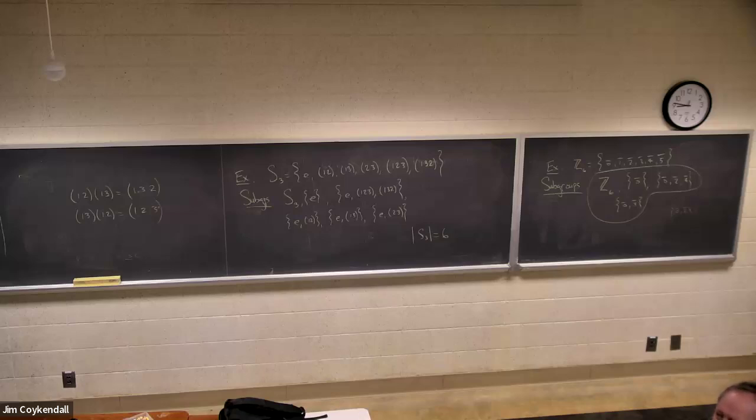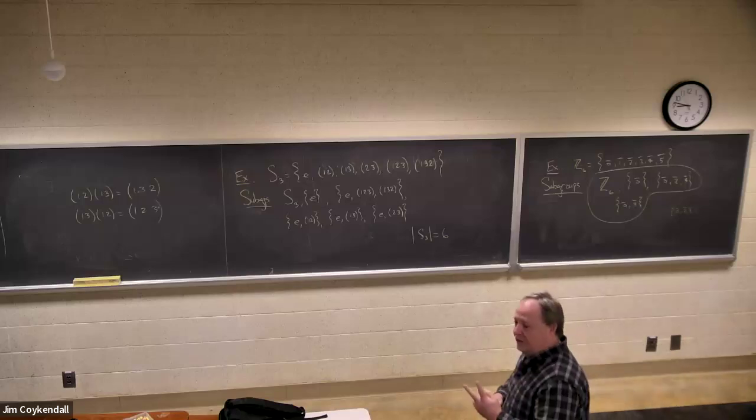You might say how many different groups, and I'm being very imprecise here, I'll be more precise, but how many different groups of order 2 are there? There's only 1. There's only 1 group of order 1: the identity. I don't care whether you call it 0 or 1, it does the same thing. Combine it with itself, it's a subgroup. There's exactly 1 group of order 2, 3, 5, 7, any prime. For order 6, there are 2.